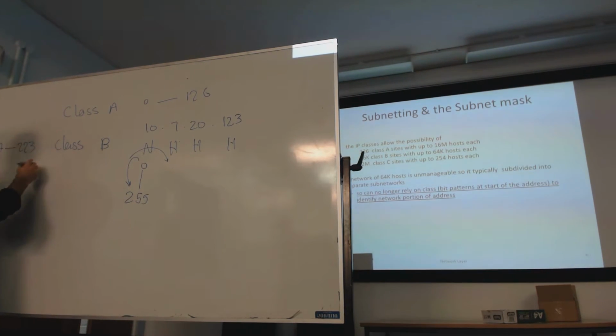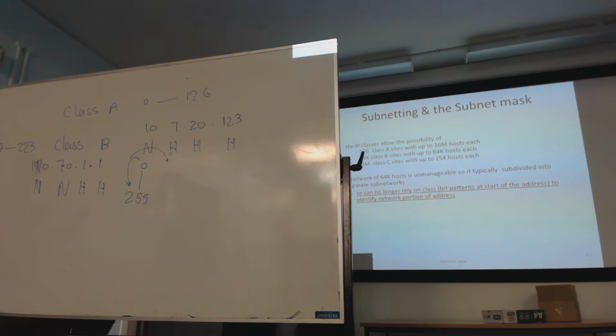If I say this is a class B, let's call it 170.70.1.1, how many bytes are your network and how many bytes are your hosts? So 16, exactly. That's 2 bytes of network and then 2 bytes of host.